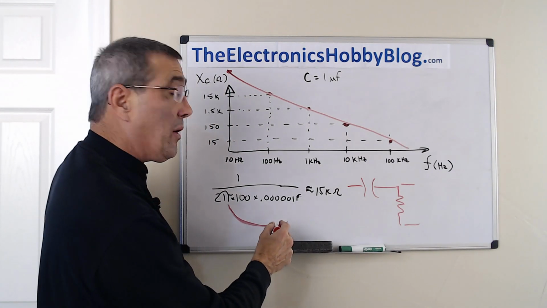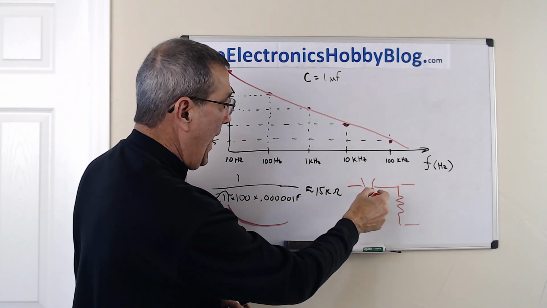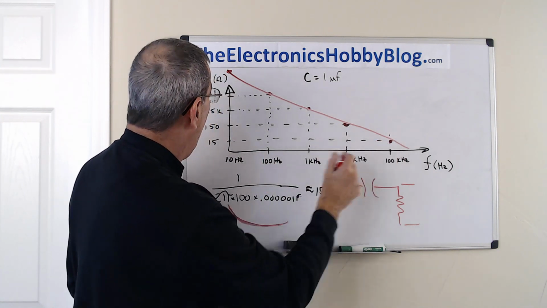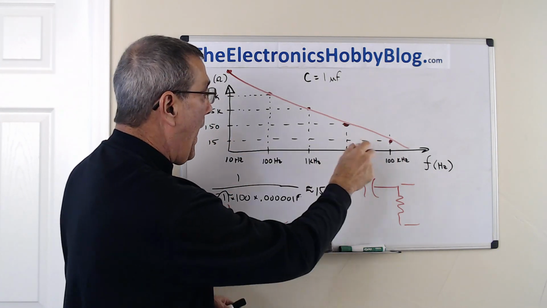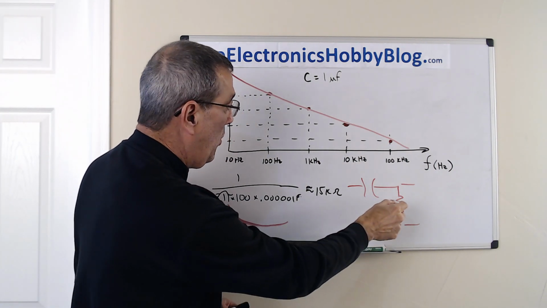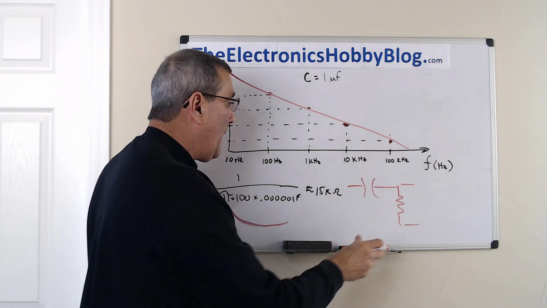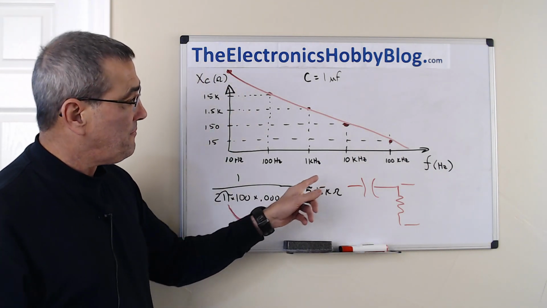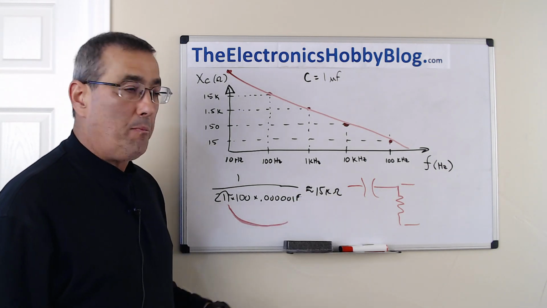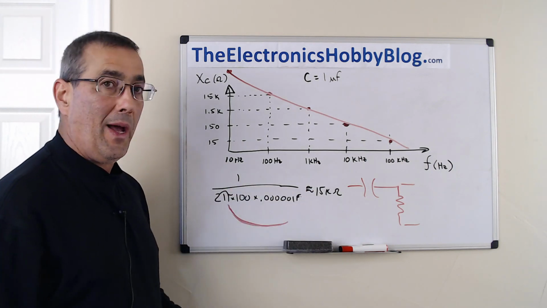But at high frequencies, the reactance or impedance of the capacitor is extremely low. And so at very high frequencies, the vast majority of the voltage will be across the resistor. And so what we've done is we've created what's called a high-pass filter. It will allow high frequencies to pass, but it'll block lower frequencies because at lower frequencies the capacitor has much higher reactance.